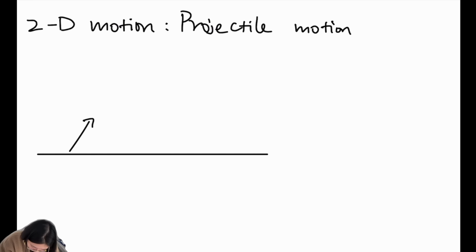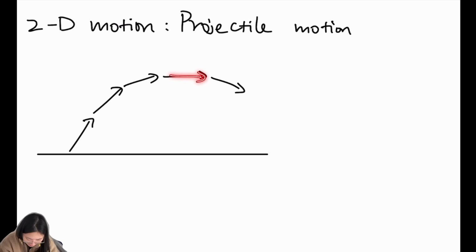So its velocity is changing direction, and it's also changing magnitude. It's gradually pointing toward horizontal, then it becomes horizontal at the maximum point, and then it gradually points downward. So this is a representation of projectile motion and how its velocity changes at different positions.